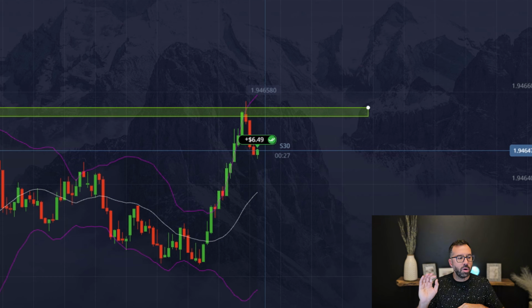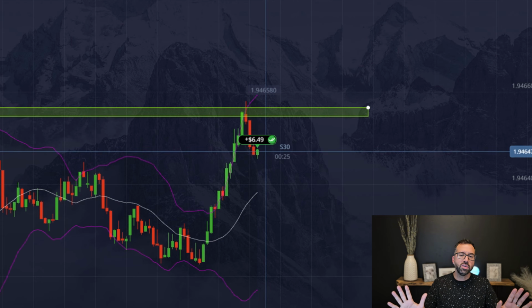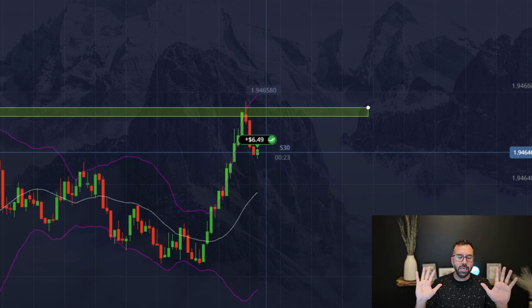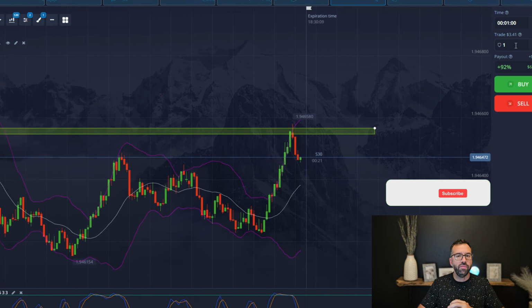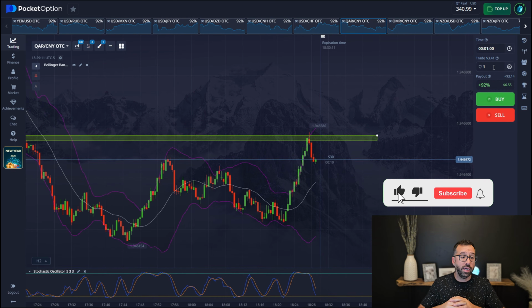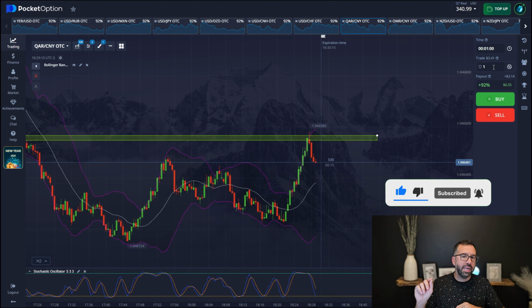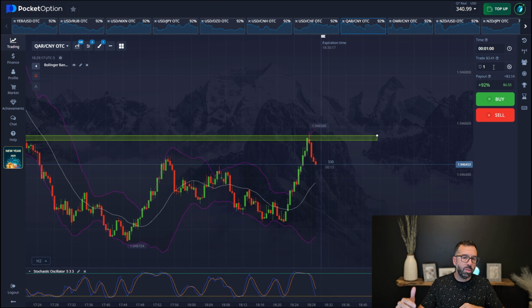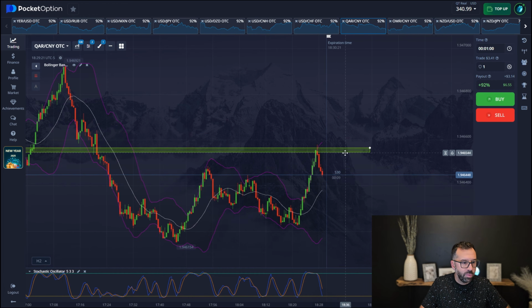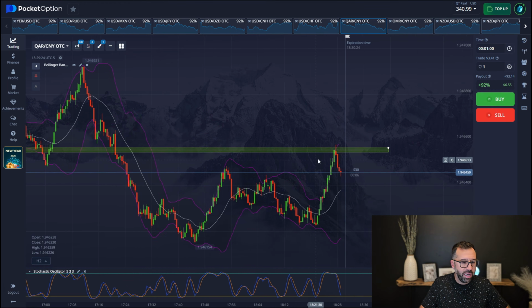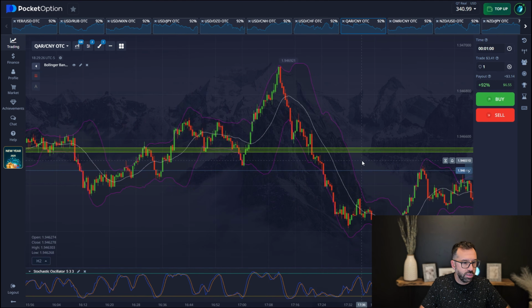Now, don't use the martingale strategy, okay? Martingale strategy is a real surefire way of emptying your bank account real quick. But ultimately, we want to increase our bet a little bit and then get a couple more wins under our belt, all right? So as you can see there, we did hit the top, that came back down and it won. So that was a very, very good trade.